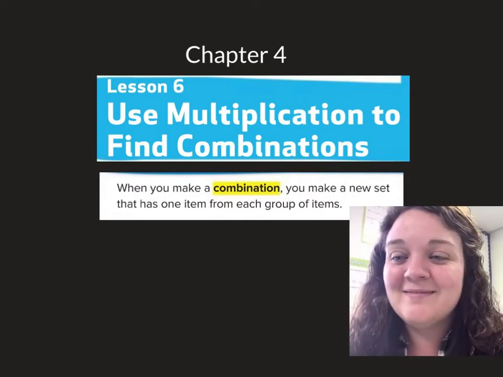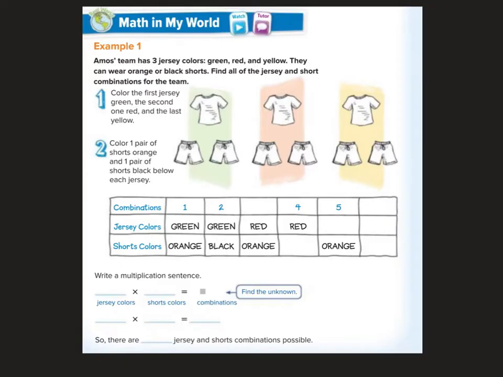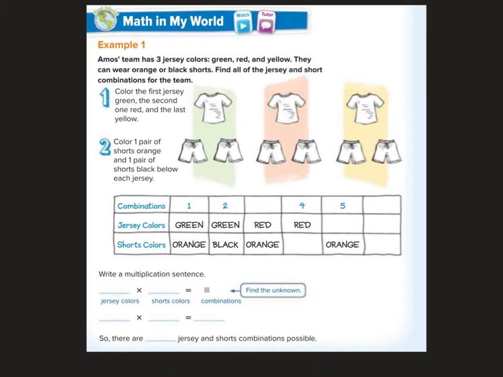Let's get started. All right, let's look at example 1 here. Amos's team has 3 jersey colors: green, red, and yellow. They can wear orange or black shorts.